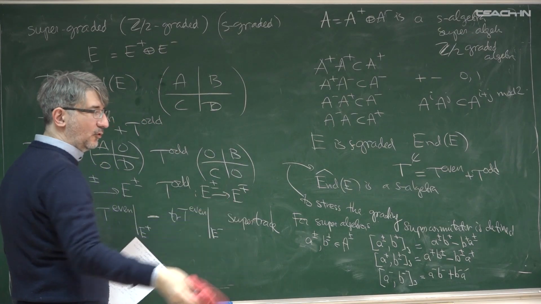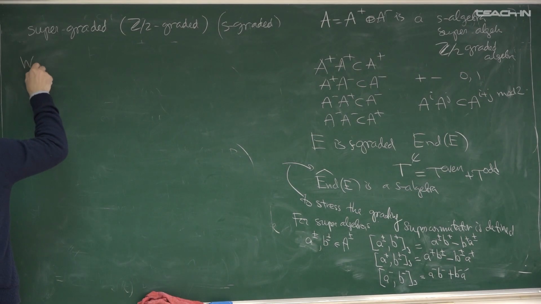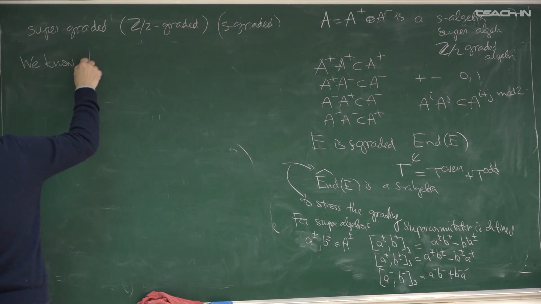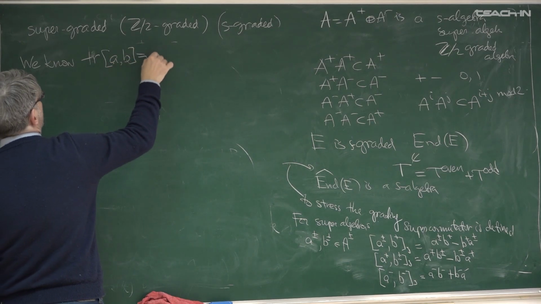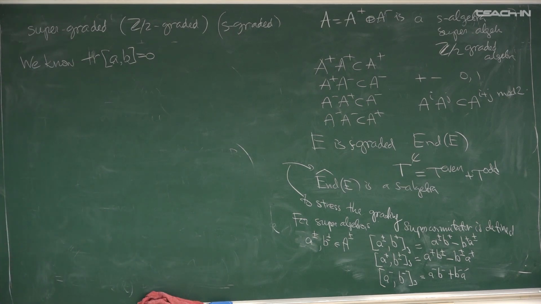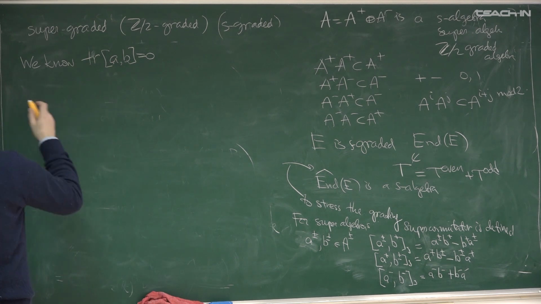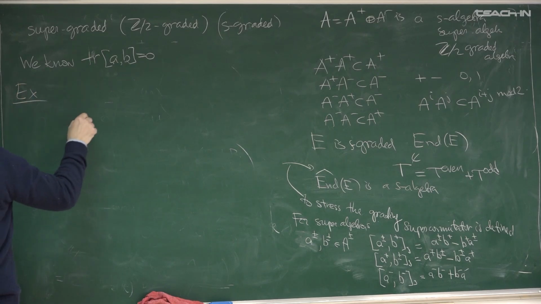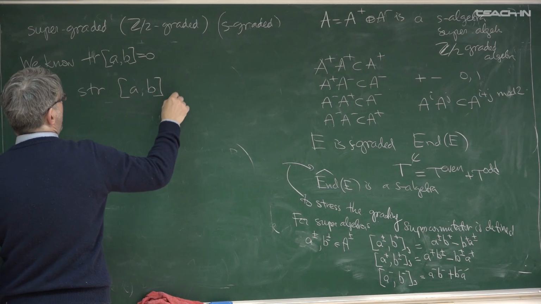Okay, what is the most famous relation between trace and commutator? If you calculate the trace of the commutator of two elements, it will be 0. But you know that supertrace is something different. You take only part of the matrix, one part of the trace with plus, another part of the trace with minus. So in the supergraded case, obviously this formula doesn't hold. But exercise: if you take the supertrace of the supercommutator, it will be 0.